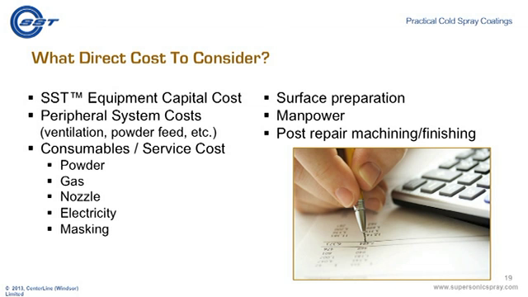You've got some consumables that are actually used during repair processes, and those obviously include the raw material metal powder, propellant gas, nozzles, electricity, any masking if at all required. We'll take into consideration surface preparation technologies, manpower, and we'll also evaluate any post-repair machining finishing costs as well.